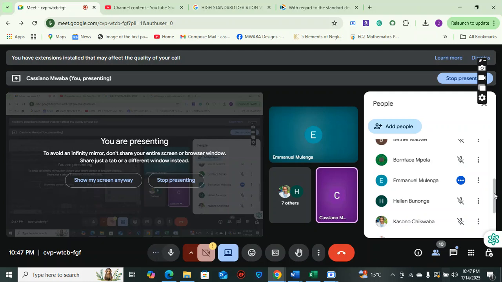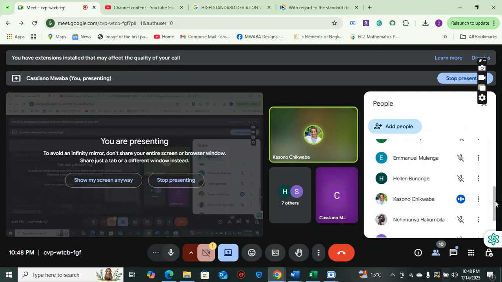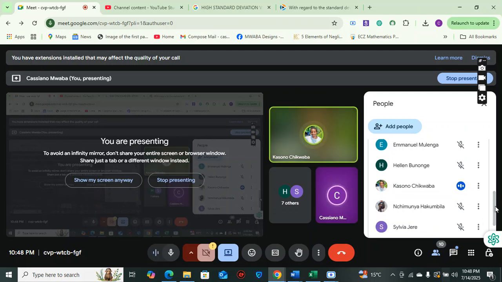How far the data points are from the mean. Okay. Madam Helen, Mr. Kasono. Okay, bring a follow-up question, maybe to enlighten everybody more.